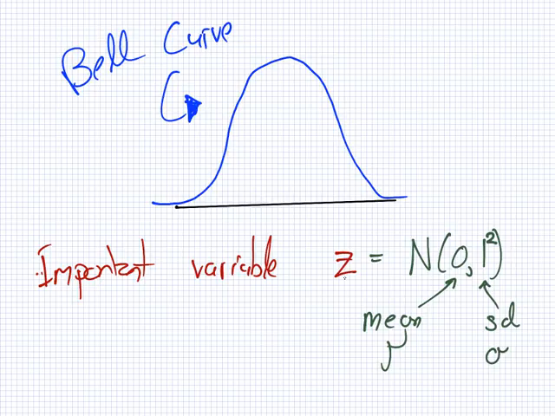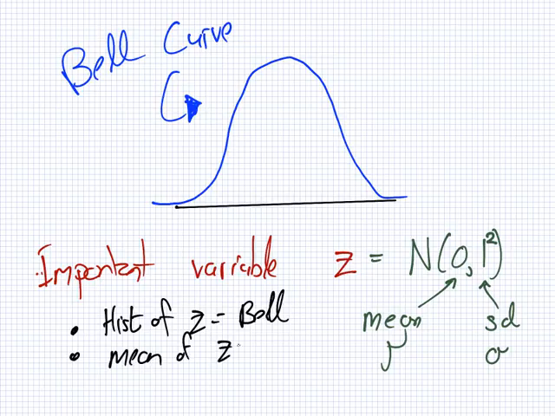The reason z is so important is because when we plot this z, it has three important features. Number one, the histogram of z is a bell curve. The mean of z is 0, and the standard deviation of z is 1. And I'll show you this now in a graph.